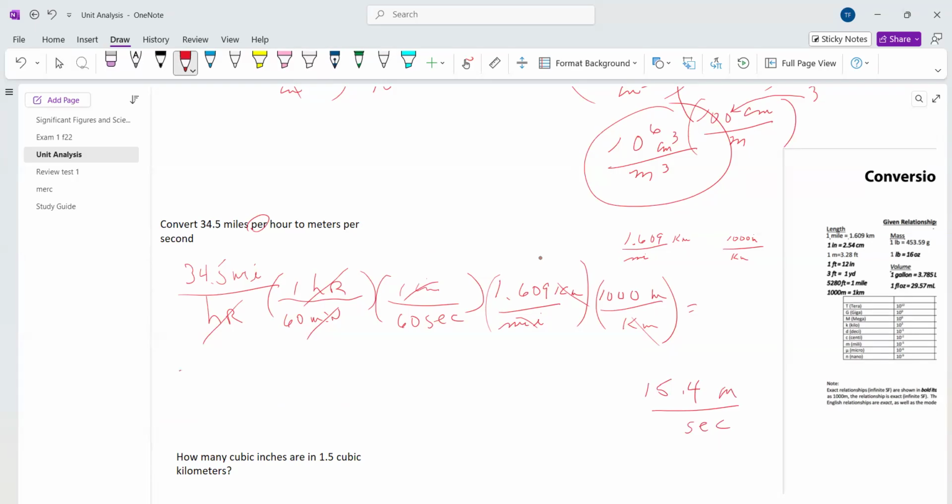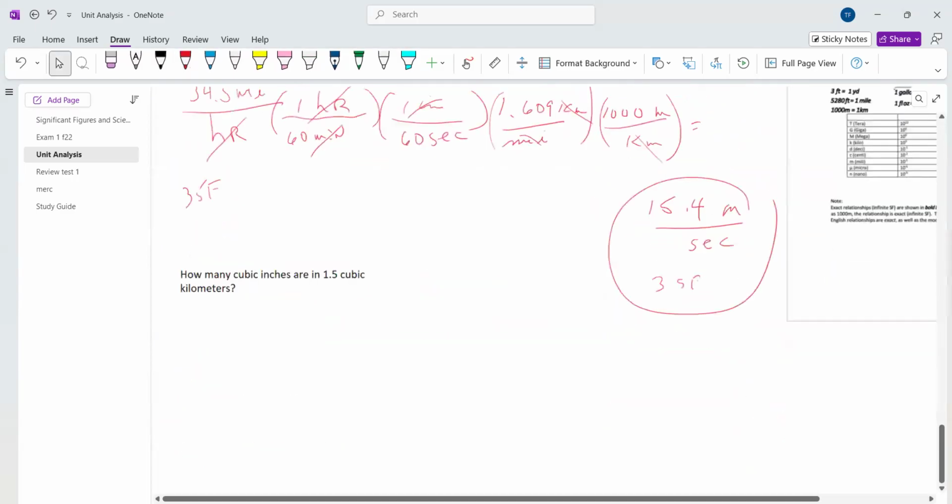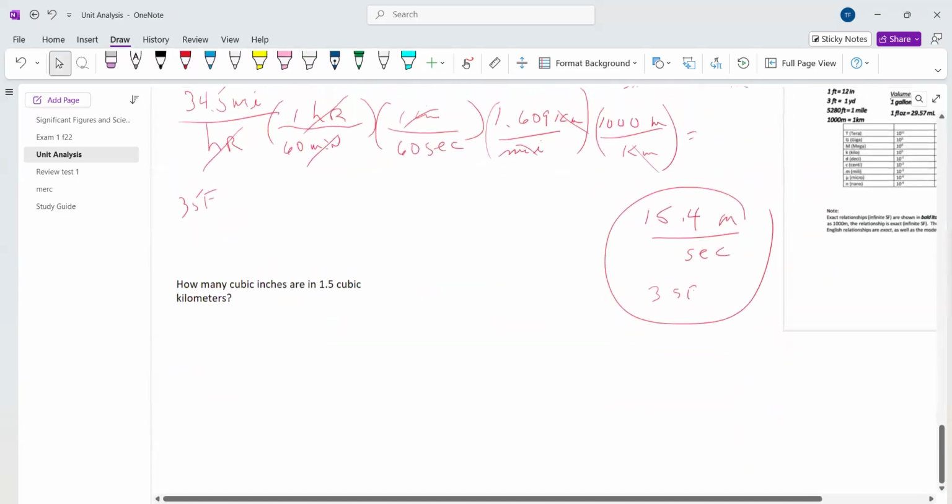Okay, 3 sig figs. Okay, now here's another cubic one.